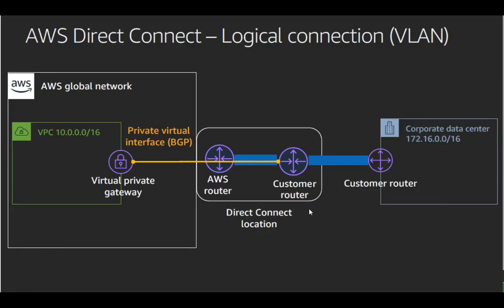Now let's say you also have a VPC set up in AWS, and that VPC has a CIDR of 10.0.0.0/16. This VPC will have a virtual private gateway attached to it. In the Direct Connect interface, we can have a private virtual interface with BGP routing, or you can also have static routing if you want.